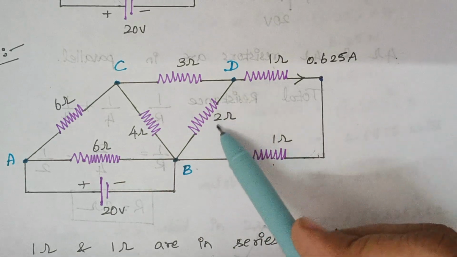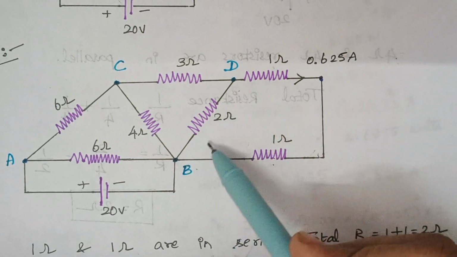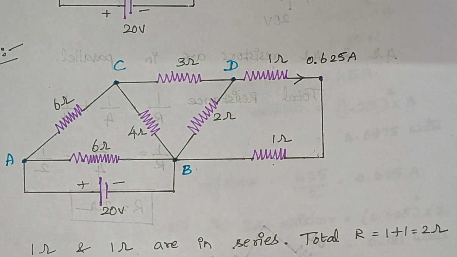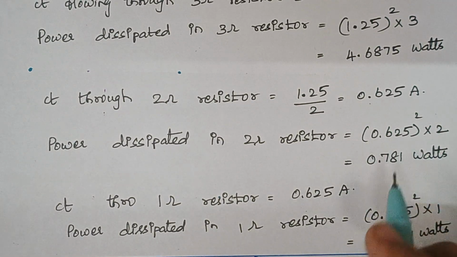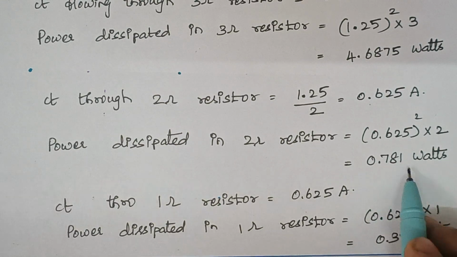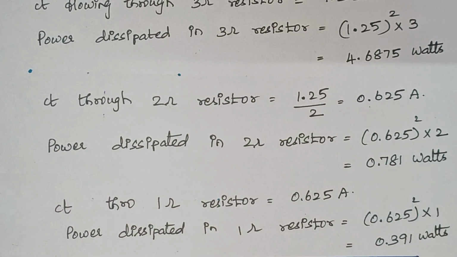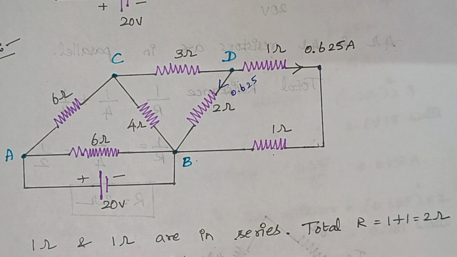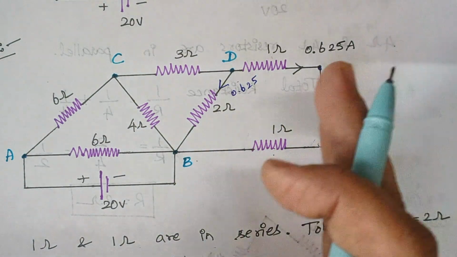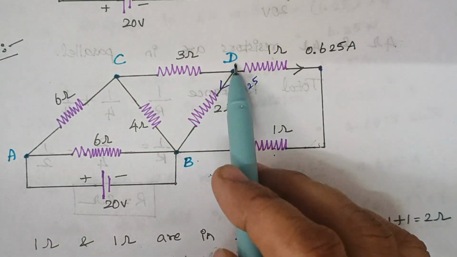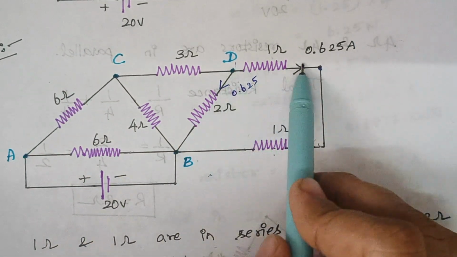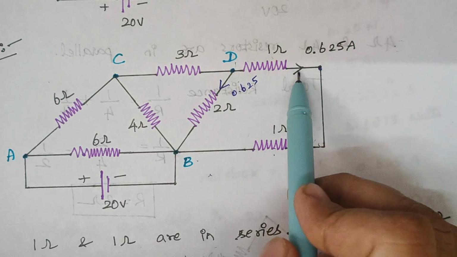Therefore, we can easily calculate the power dissipated in this resistor. It is 0.625 whole square into 2. So, that gives the answer of 0.781 watts here. And now, when you look at this diagram, this is our original diagram which is given in the problem. You see here flows 0.625 and again here also 0.625 current flows.